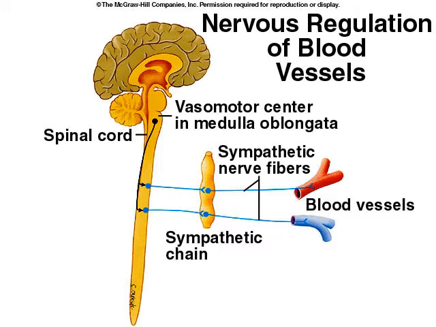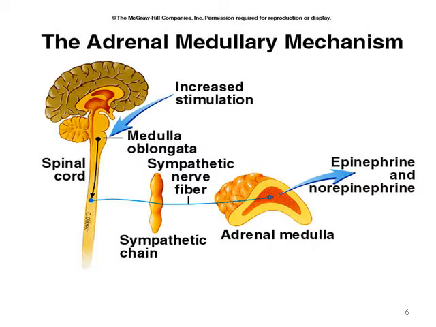If you go to slide 6, also associated with the sympathetic nervous system is the adrenal medullary mechanism. With the adrenal medullary mechanism, often when the sympathetic nervous system gets activated, it will stimulate release of catecholamines.